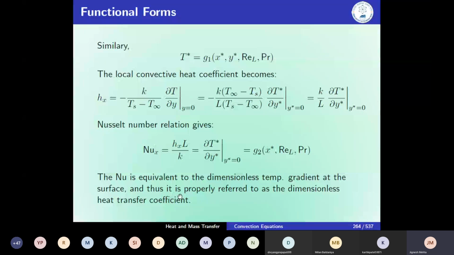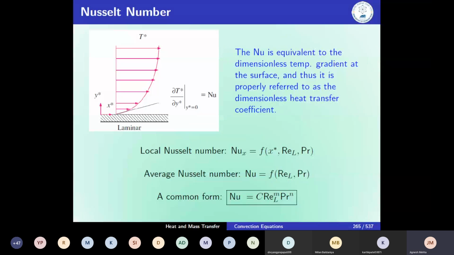So the Nusselt number is equivalent to the dimensionless temperature gradient at the surface, and thus it is properly referred to as the dimensionless heat transfer coefficient.